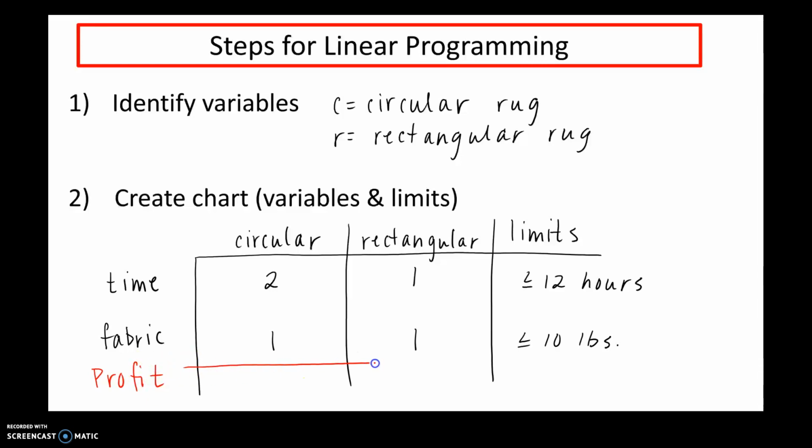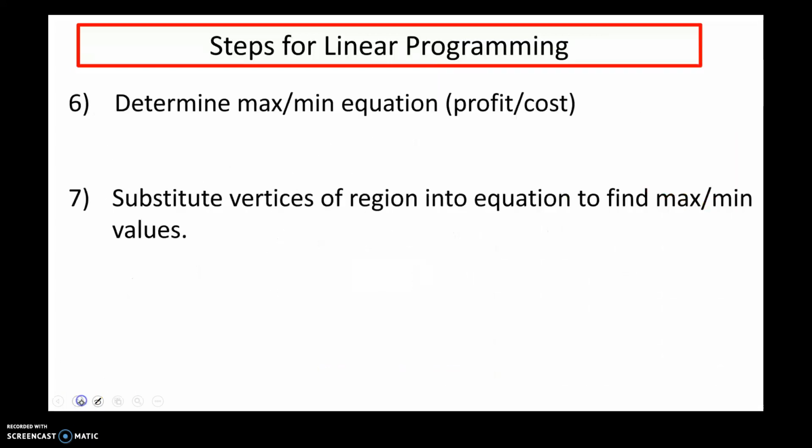And it doesn't have a limit to it, but again, it keeps all of our variables together. So $7 on circular, $6 on rectangular. Okay, so my profit in terms of my circular and my rectangular rugs, $7 for circular plus $6 for rectangular.